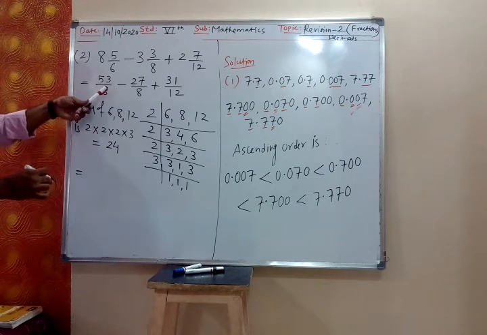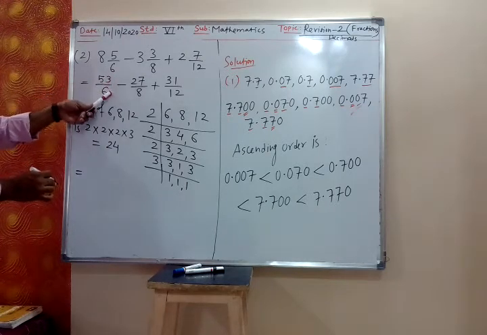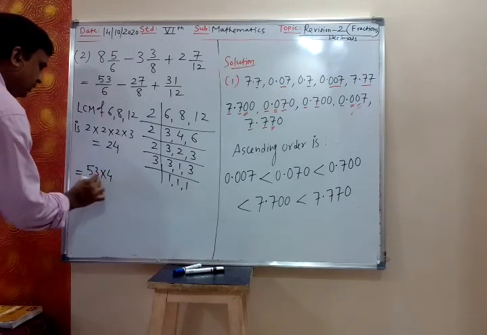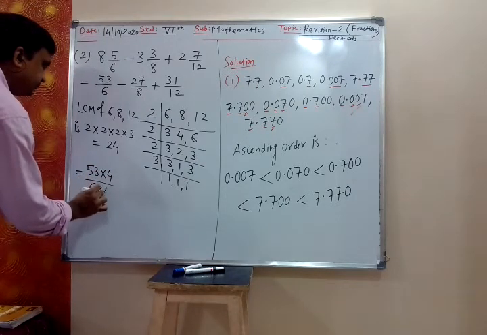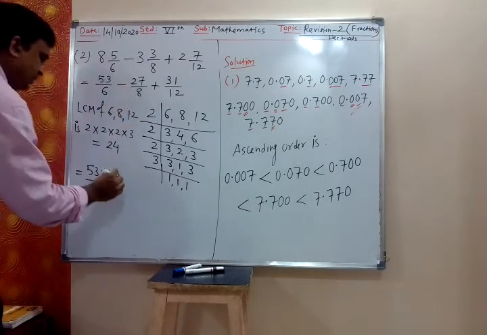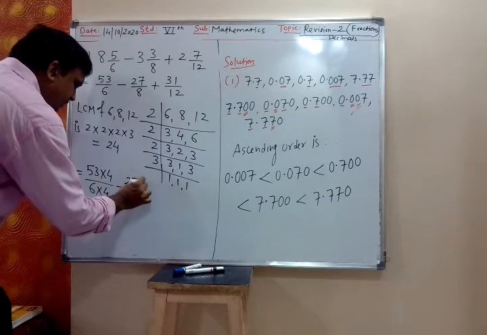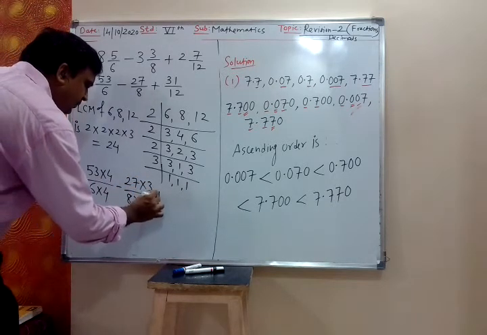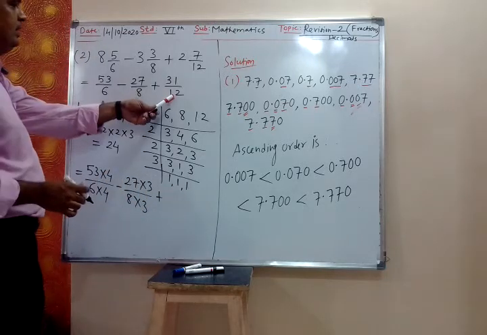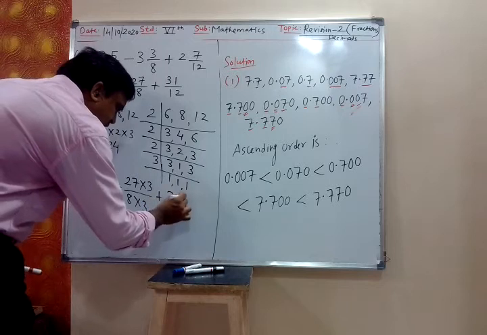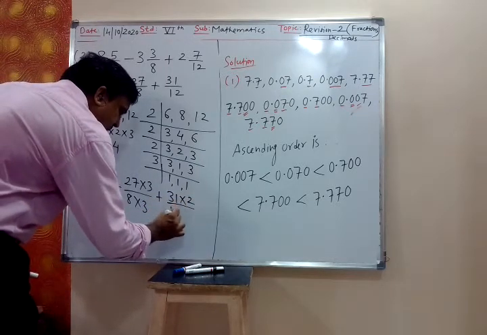So I have to multiply by 4 in numerator and denominator both. So that is 53 into 4 upon 6 into 4. Minus, this is 8. I have to multiply by 3. 27 into 3 upon 8 into 3. Plus, this is 12. I have to multiply by 2. 31 into 2 upon 12 into 2.